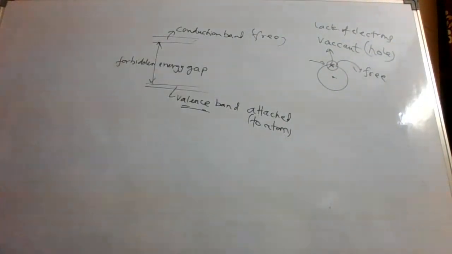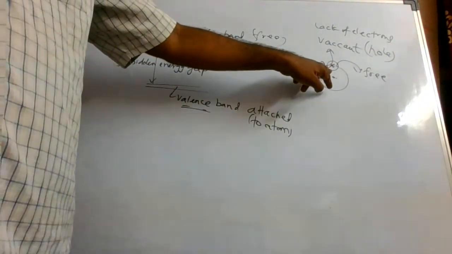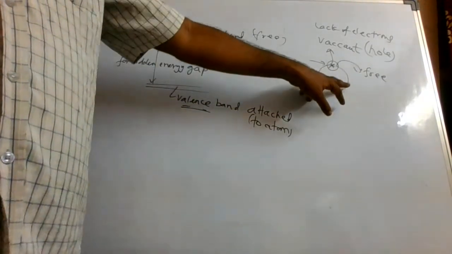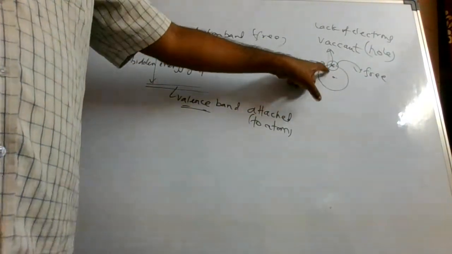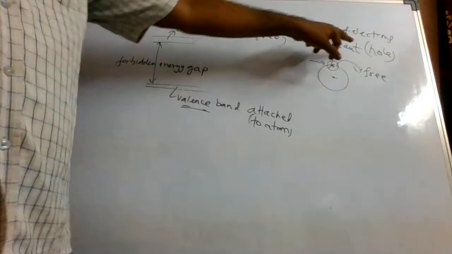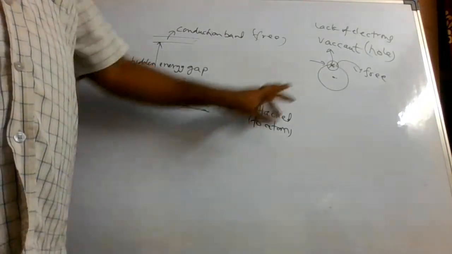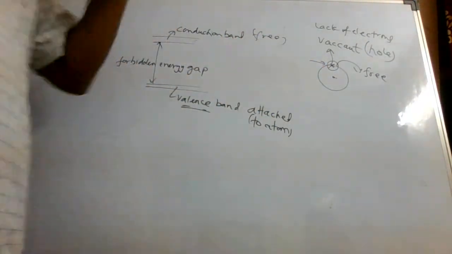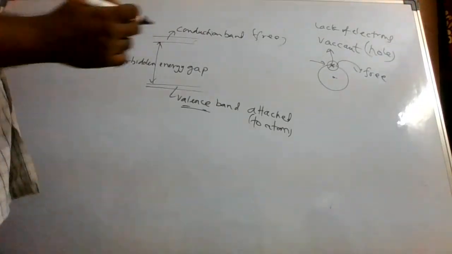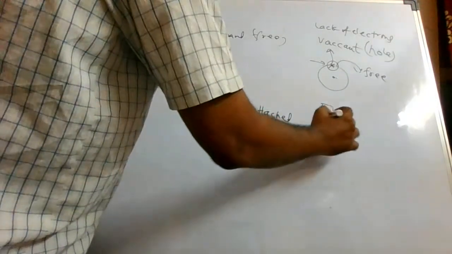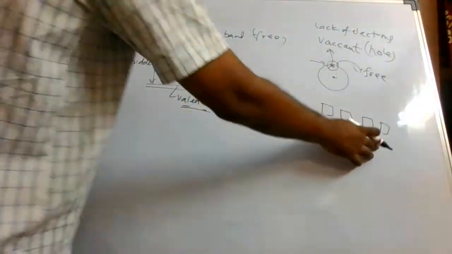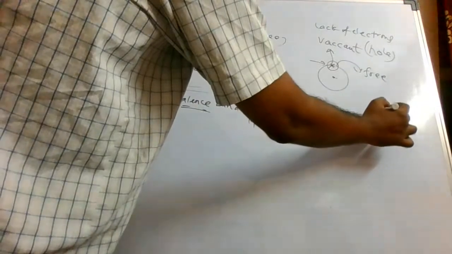Earlier there was an electron there. You provided energy. It moved to some other place. This place you have to assume that it is now vacant. The technical term is hole. So that means this place is now lack of electrons. It is like musical chairs, or let us say some chairs are kept in order like this. There are 4 chairs and 3 people are sitting over here.